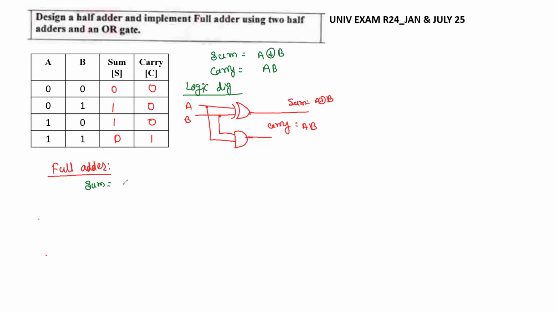So the sum expression is A XOR B XOR C in, where C in is the carry from the previous addition. And for the carry, the expression is (A XOR B) C in plus AB.